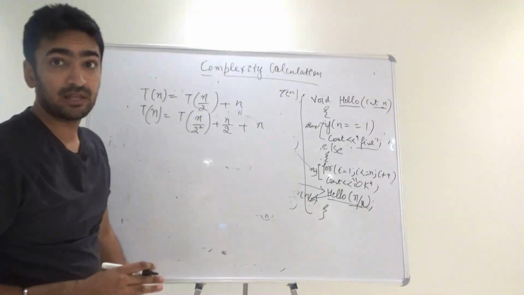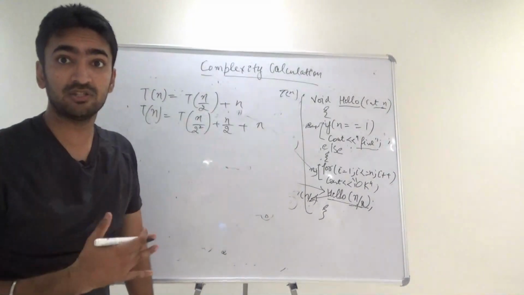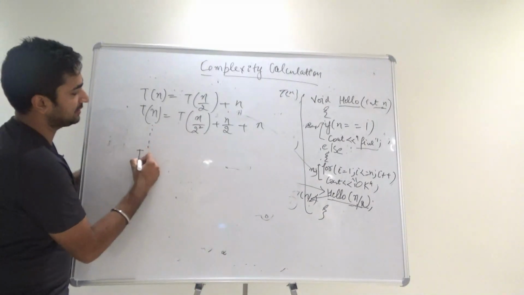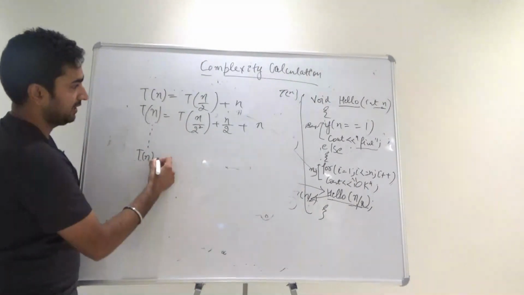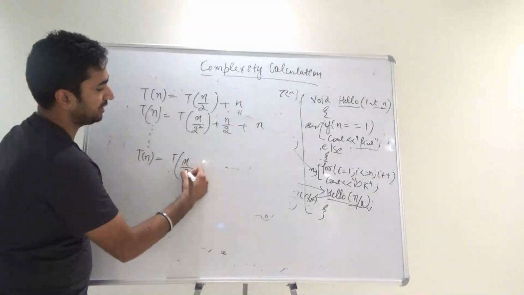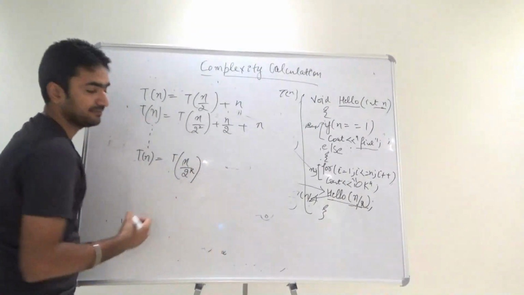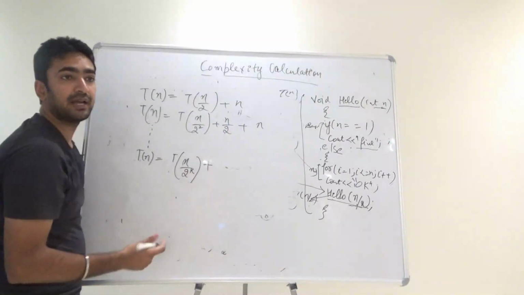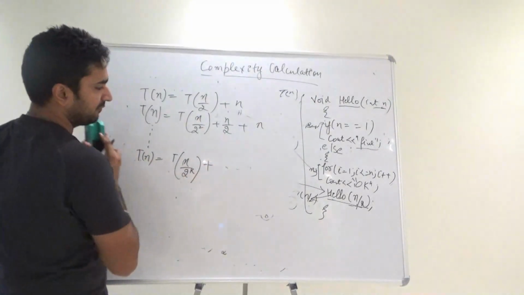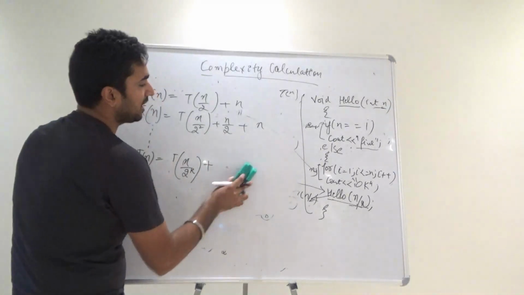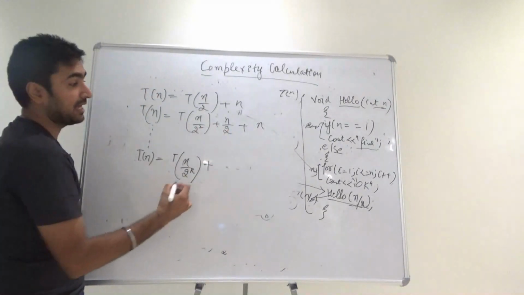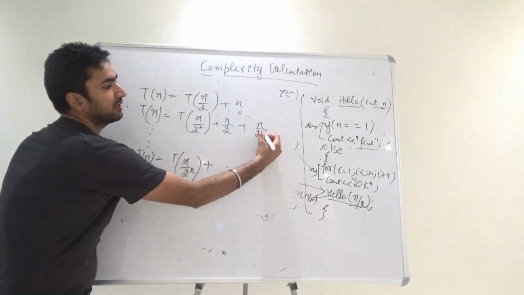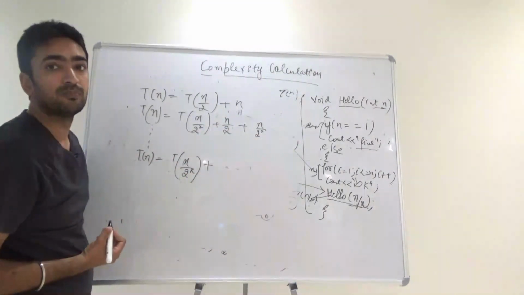Guys, clearly from these two you can understand that if this is running till k times, this is t of n by 2 to the power k, right. What can we write for this particular part? If this is square, this is 1, and you can also write 2 raised to power 0.